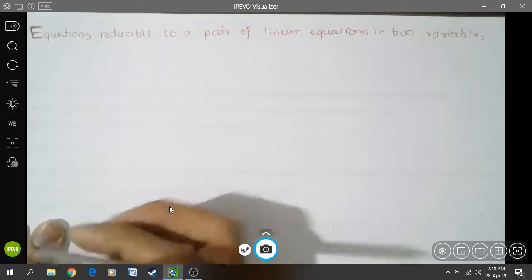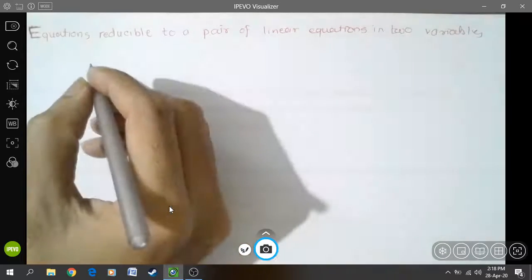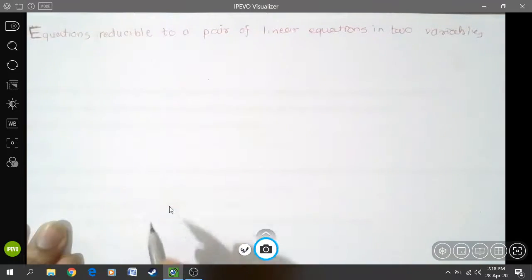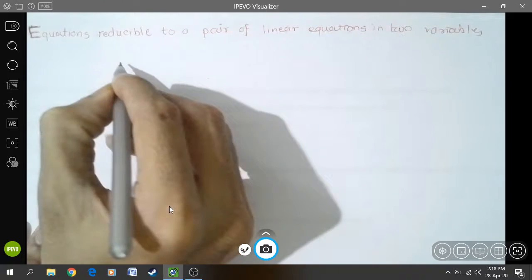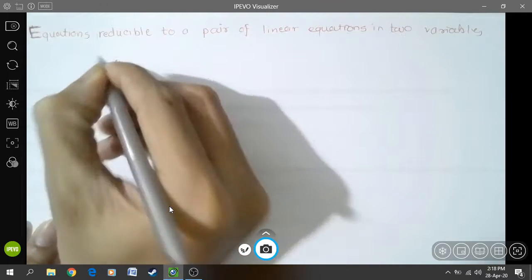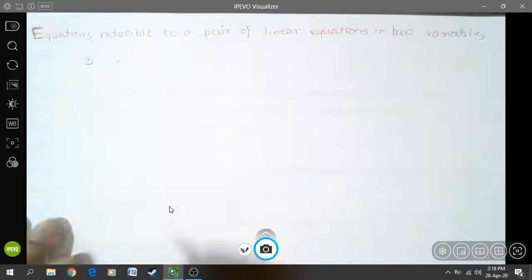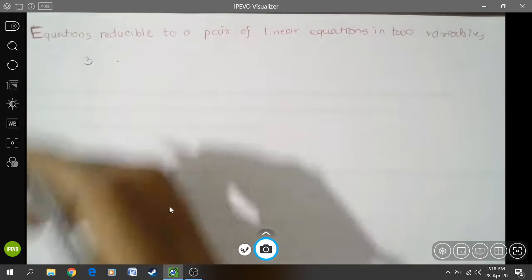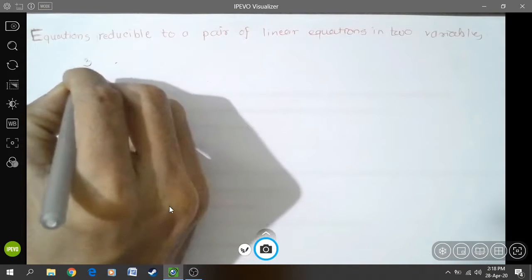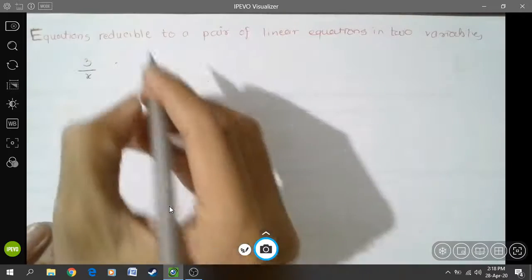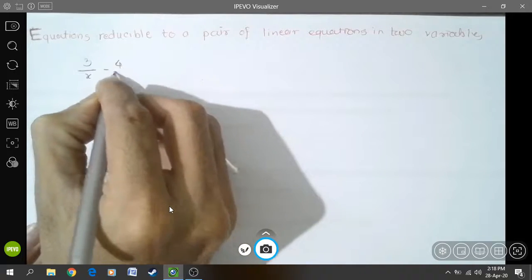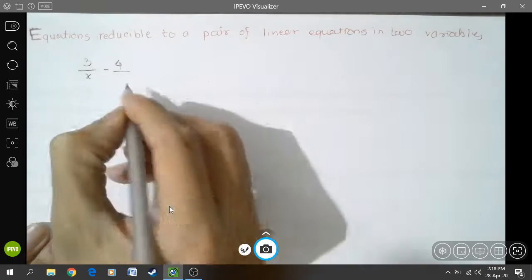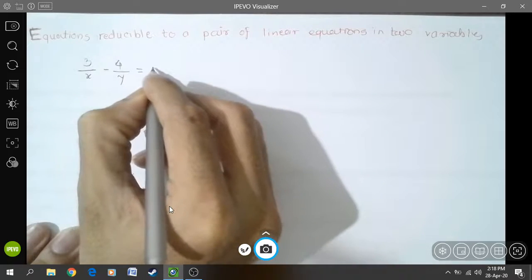So, for example, if we have an equation of this type, 3 upon x minus 4 upon y is equal to 8.